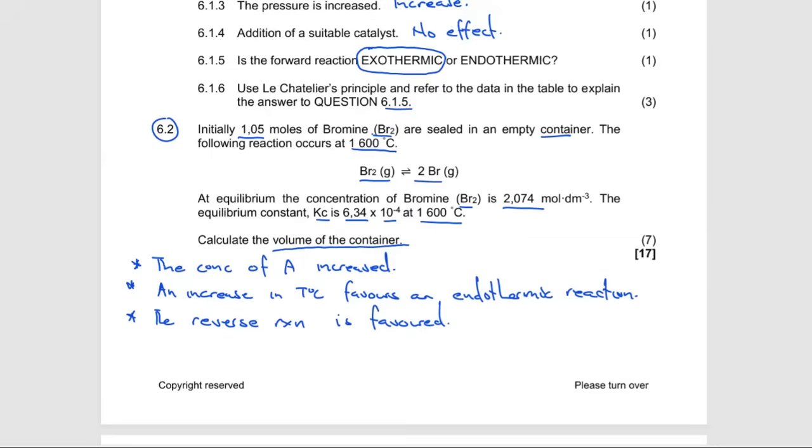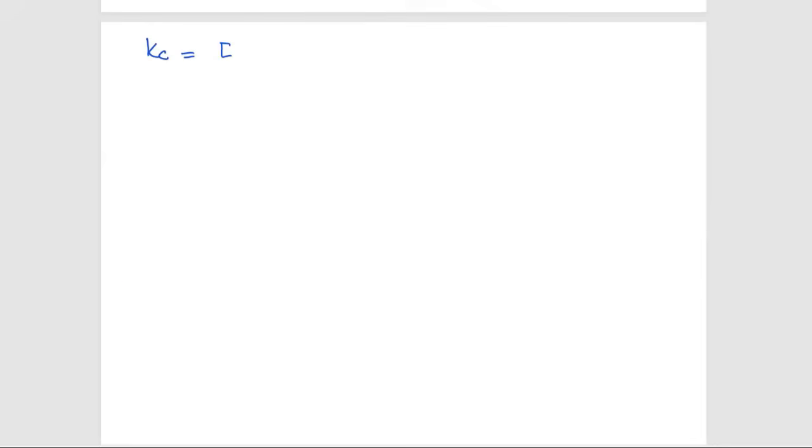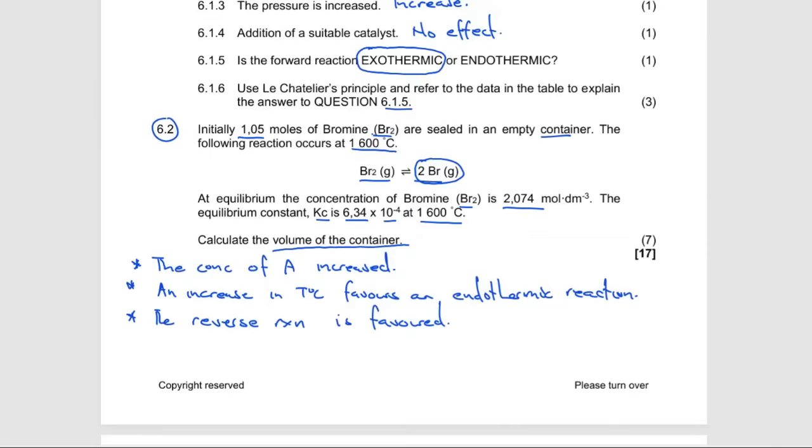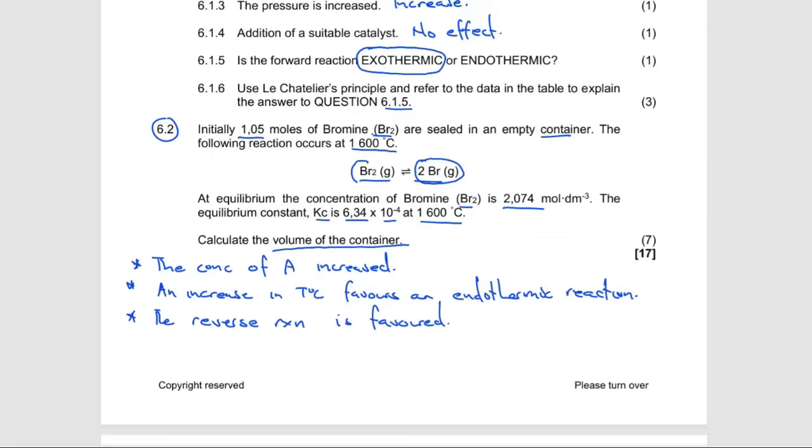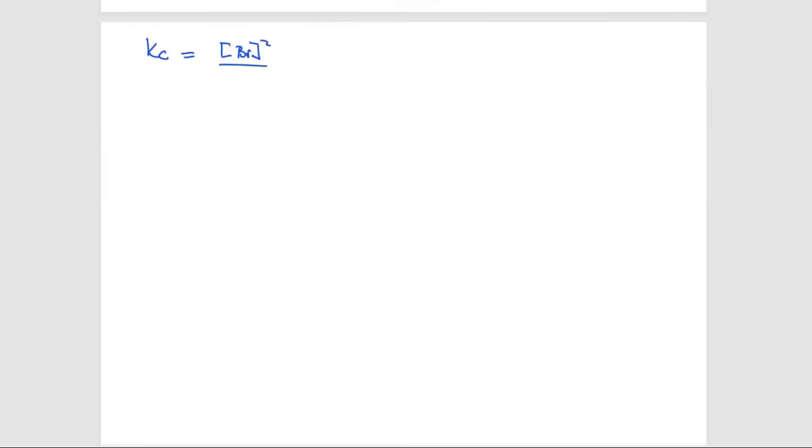Kc is equivalent to the concentration of our products, which is 2Br, so Br squared, all over the concentration of our reactants, which is Br2. So this is our Kc expression.